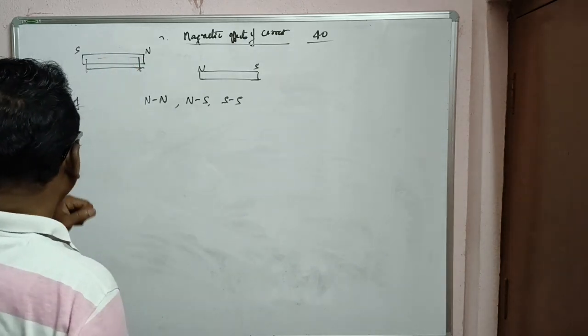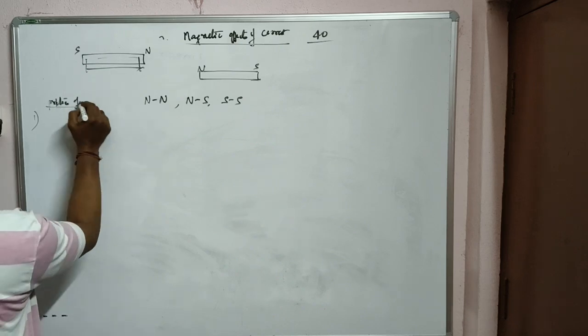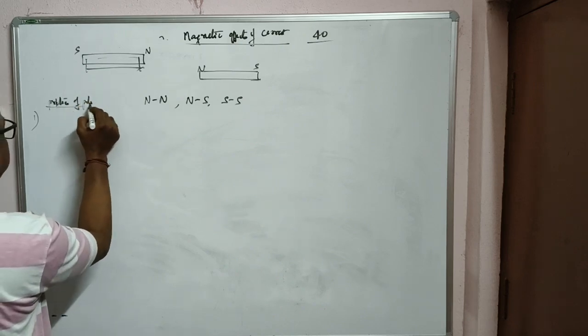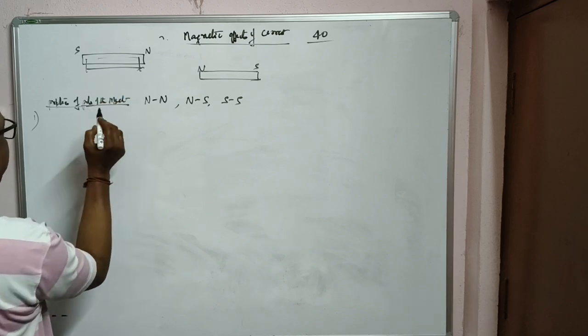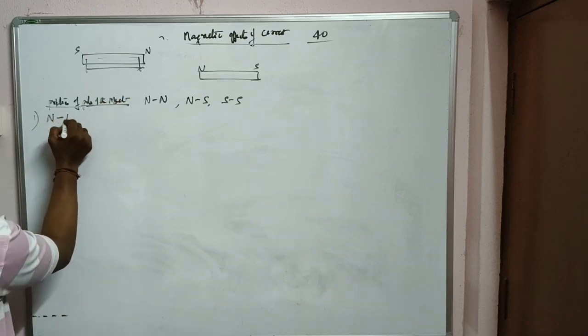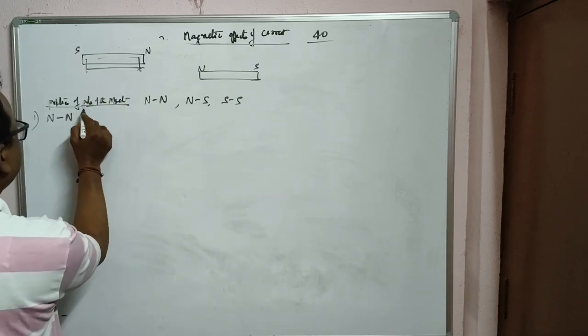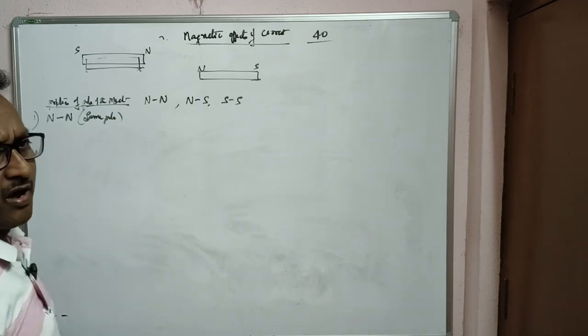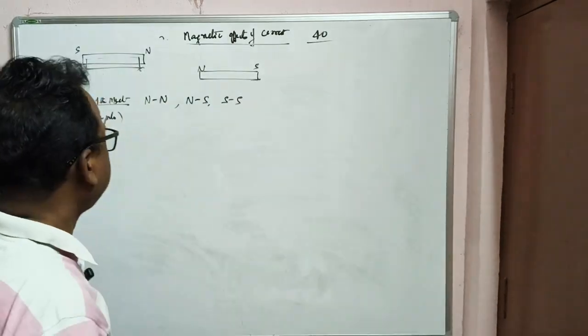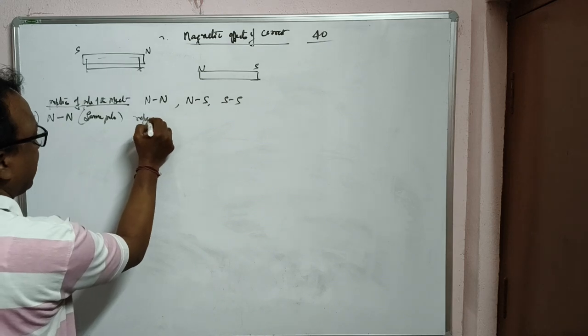Now what are the main properties of the poles of the magnet? See here, north pole and north pole, same poles. It may be north and north or south and south. Same poles will repel each other.